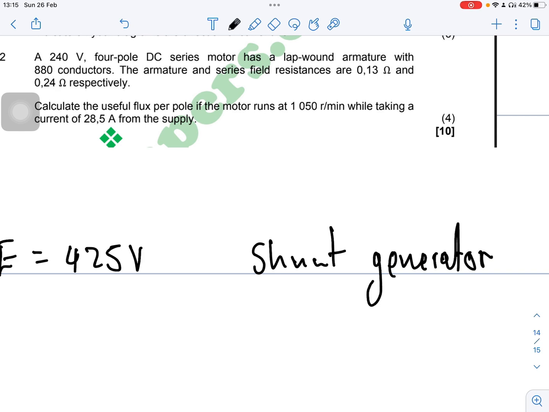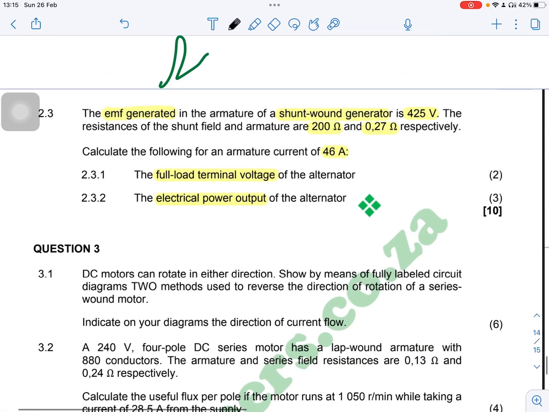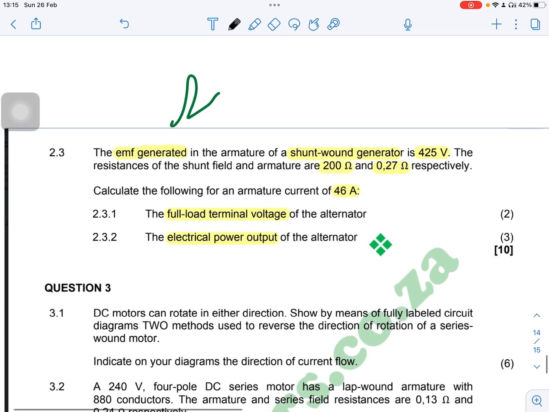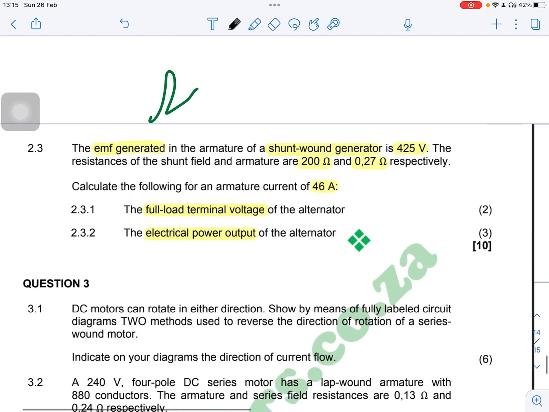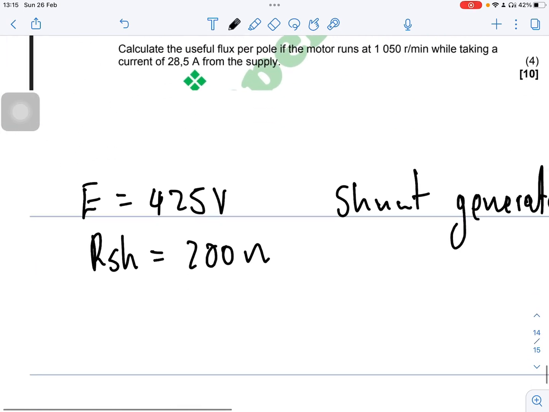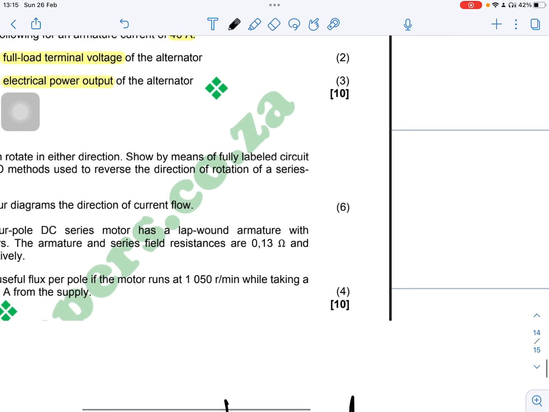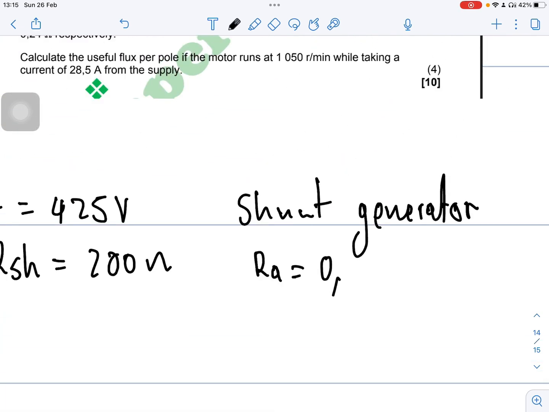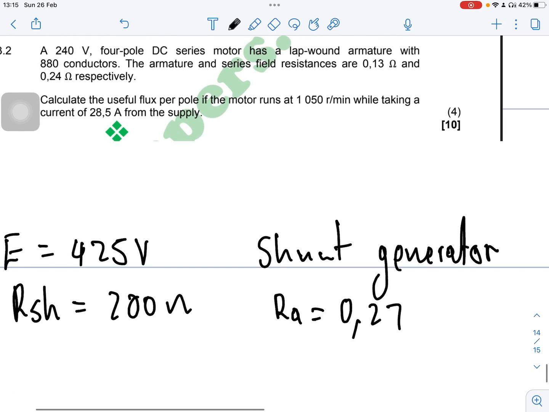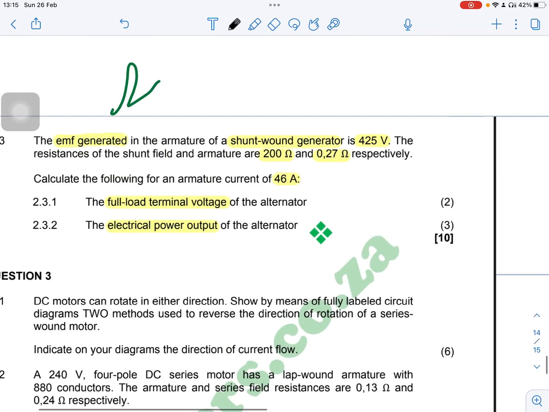Then we're given a shunt resistance, R shunt, which is 200 ohms. Then we are given an armature resistance, which is 0.27 ohms.